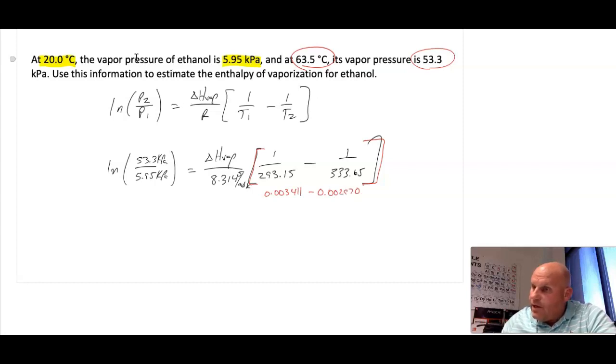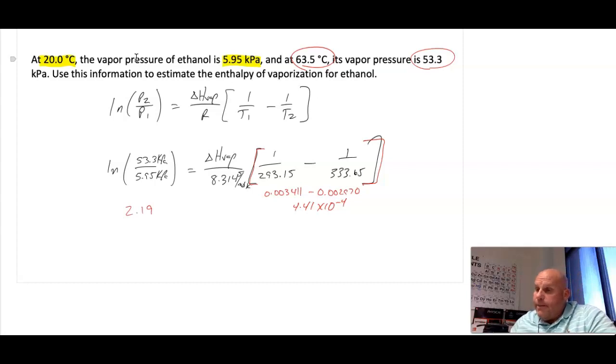So I get a value here of 4.41 times 10 to the negative 4th. You can check your work to make sure you're getting that same value. If I divide over here 53.3 divided by 5.95, and then take the natural log of that, I get 2.19.